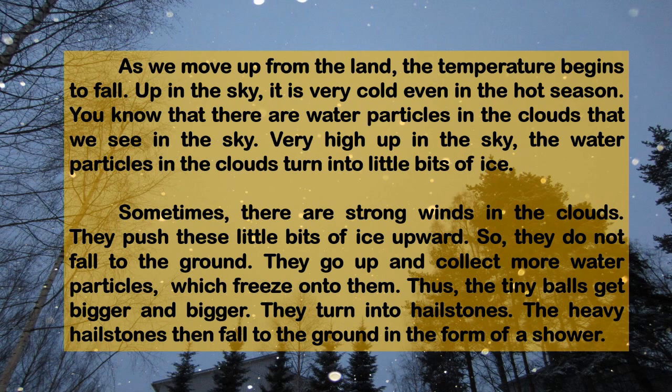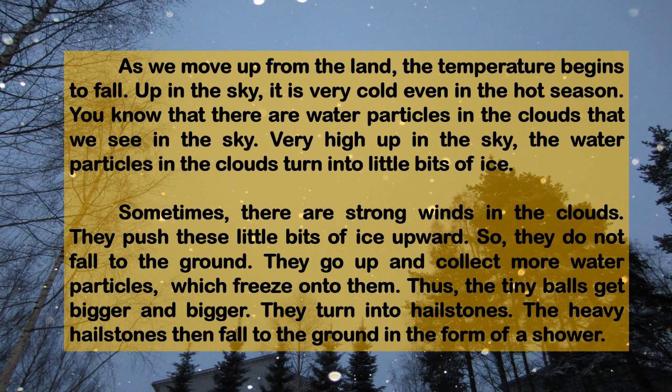They push these little bits of ice upward, so they do not fall to the ground. They go up and collect more water particles, which freeze onto them. Thus, the tiny balls get bigger and bigger. They turn into hailstones. The heavy hailstones then fall to the ground in the form of a shower.